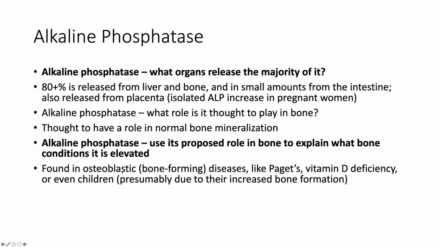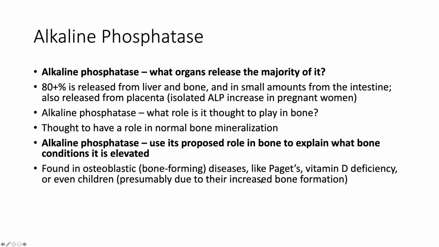But anytime that you are actively making bone or trying to make bone. Not when you're losing bone density. You would not see an increase in alkaline phosphatase if you're losing bone. But if your body is making bone or trying to make bone, like in Paget's, you see an increase. Vitamin D deficiency, you're not necessarily seeing an increase in bone formation, but your body's trying to make more bone.